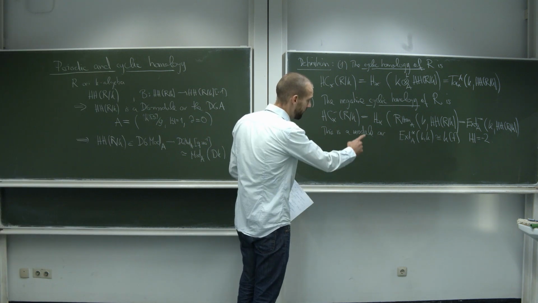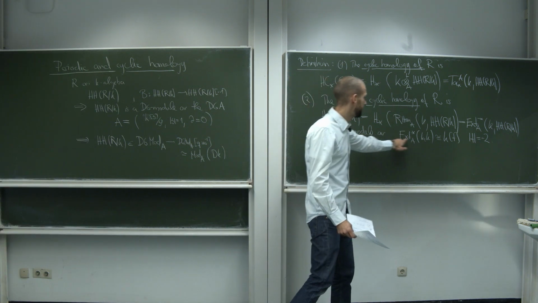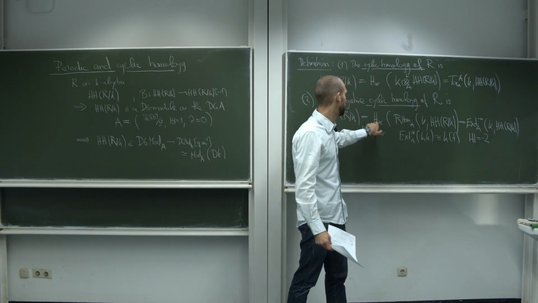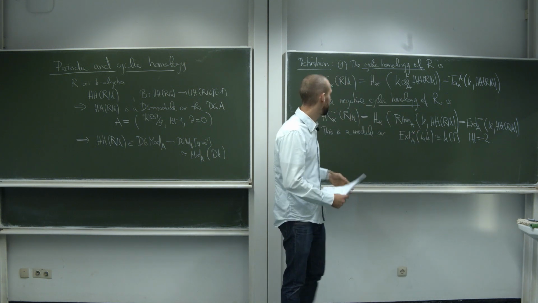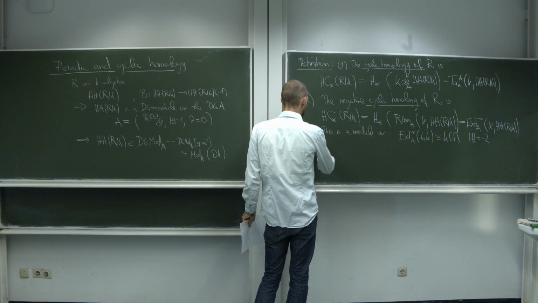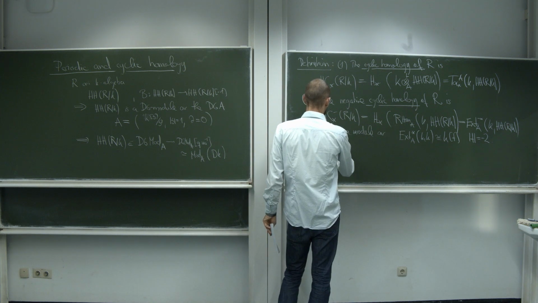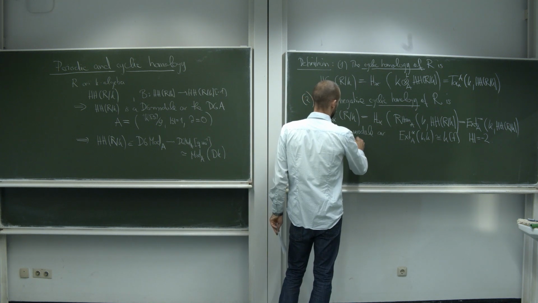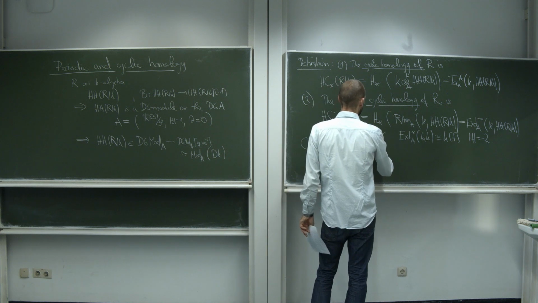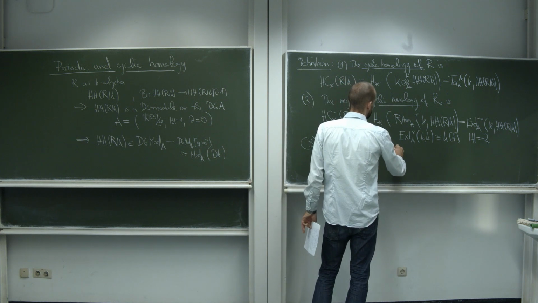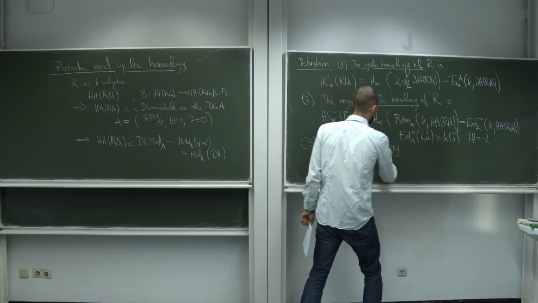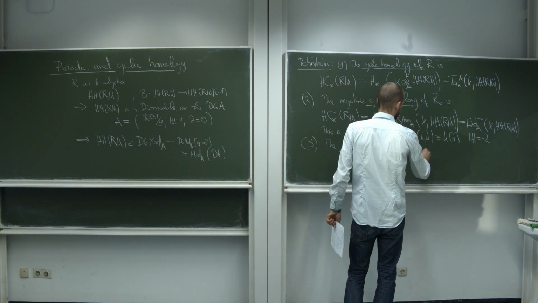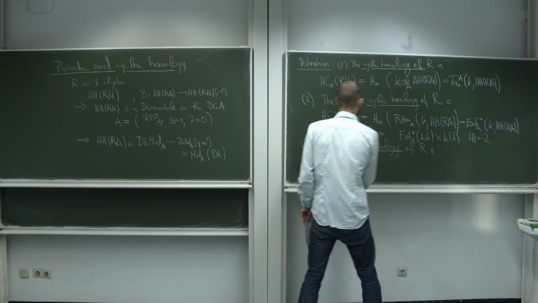And now that we have this operator T, in particular we have an element T which acts on the negative cyclic homology, and that allows us to define the periodic cyclic homology. The periodic homology, sometimes called periodic cyclic homology, but for brevity I'm just going to write the periodic homology of R, is the following.